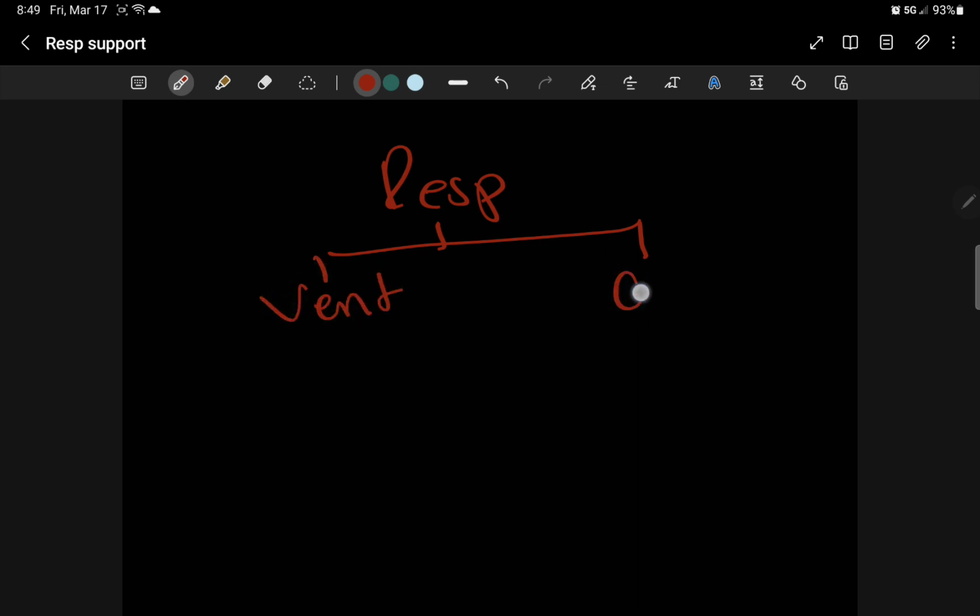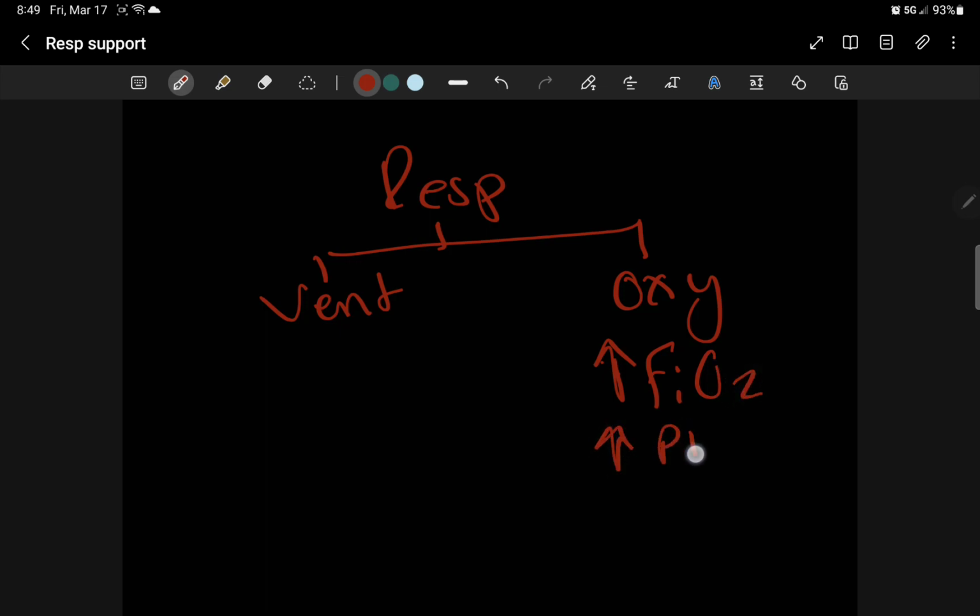Okay, so basically now we know, when I have a patient on respiratory support, when we have an oxygenation or ventilation issue, what to adjust. I can go up on my FiO2 to help more oxygenation of the patient.